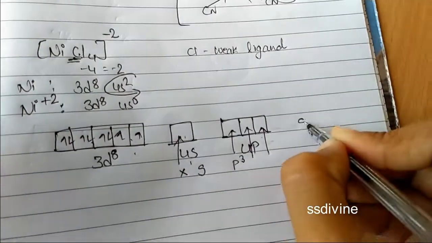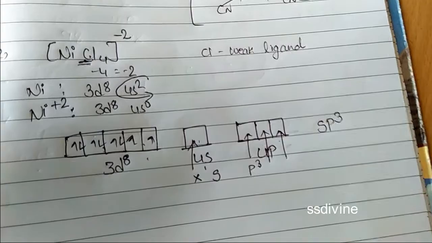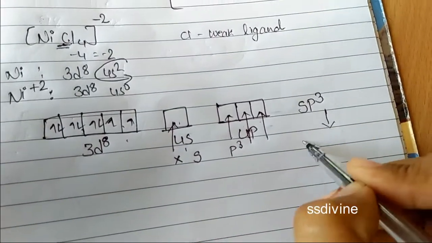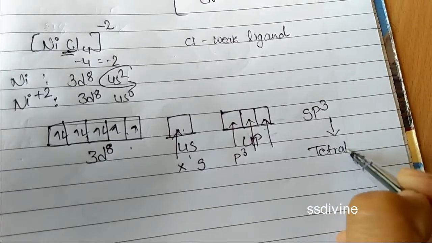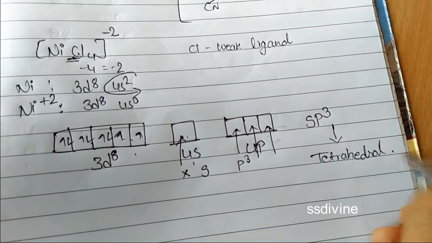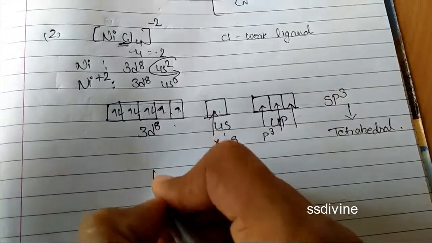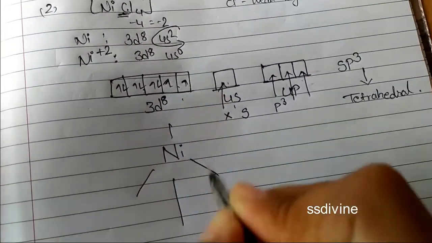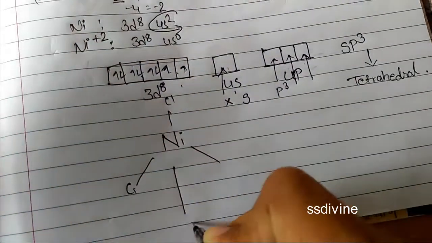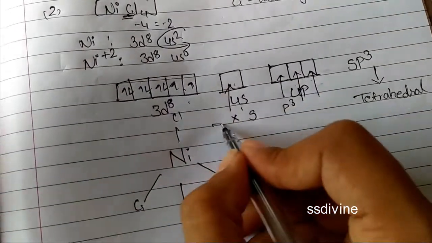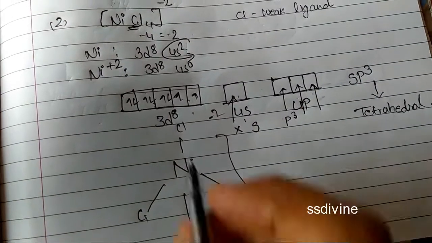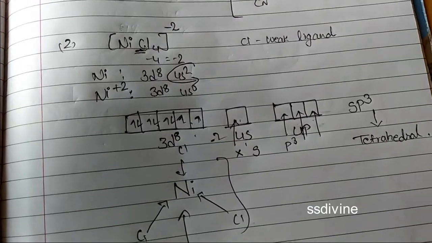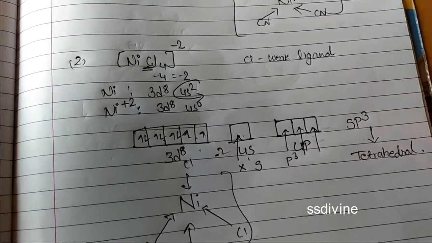So the hybridization obtained is sp3 hybridization for this complex, and the geometry obtained will be tetrahedral. Clear? So it will be like this: [NiCl4]2-. So this is how we can obtain the geometry as well as hybridization on the basis of ligand.